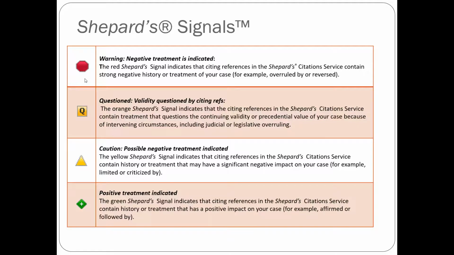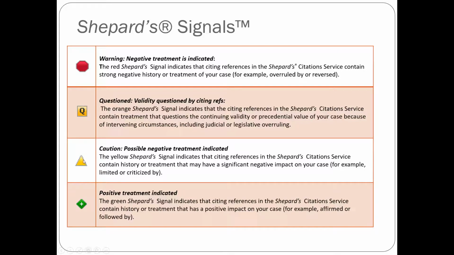That means that there is severe negative history or treatment on at least one point of law. Okay, so it might be bad to use it. Q is questioned. That's pretty bad. We need to look further for that.